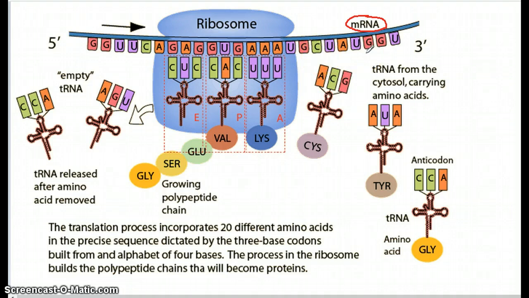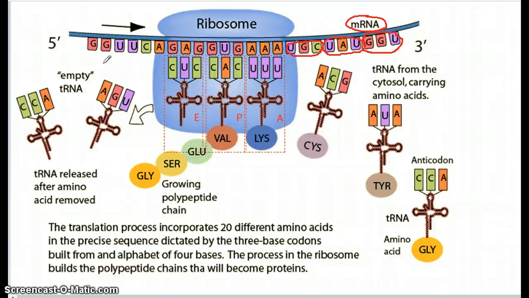Now, the mRNA is split into triplets, or every three nitrogen bases. And the nitrogen bases, which are these things right here, are called codons. So this is a codon, this is another codon, this is another codon, and so on and so forth.